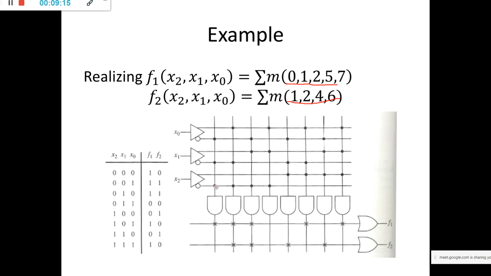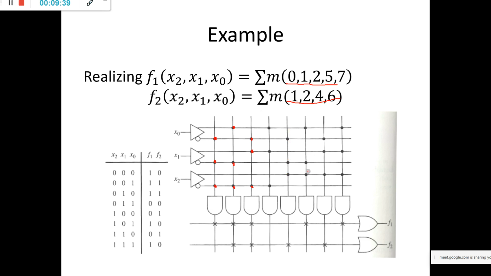So first you have 000. It is done. Junction dot. Next we have 001. Next we have 010. Next we have 011. Next 100.